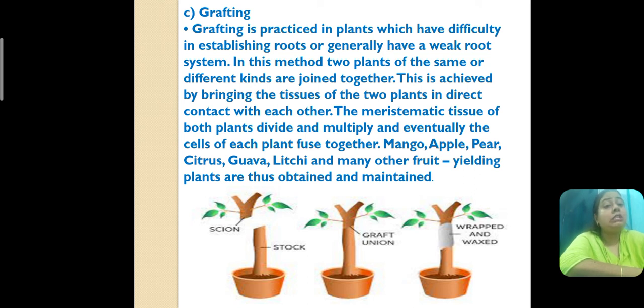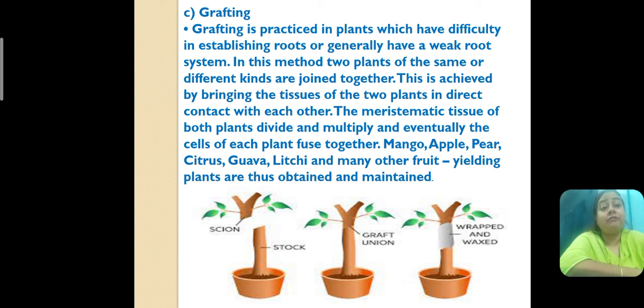They are brought together, and some hormones are provided, and they are wound tightly with a cloth or rope, and it's waxed and kept for some time. After some time, it will be seen that the two plants fuse together to form a single plant. In this way, the vegetative propagation of plants is maintained.